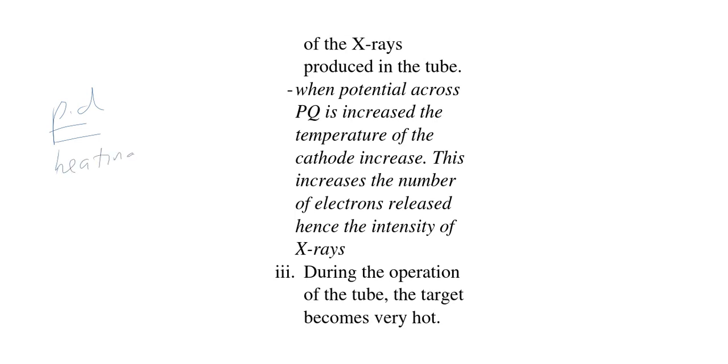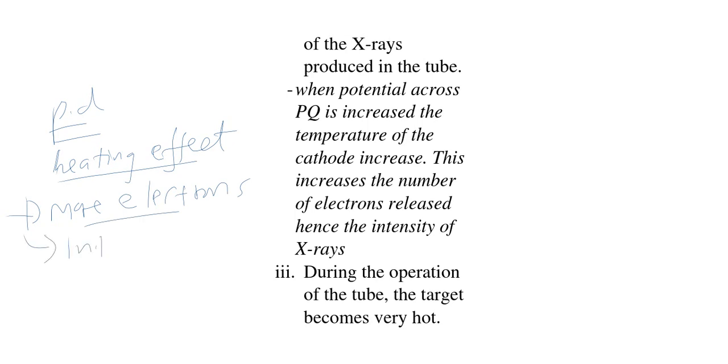It is this increase in heating effect that will lead to production of more electrons. And the number of electrons is what determines the intensity of the X-rays. So when potential across PQ is increased, the temperature of the cathode increases. This increases the number of electrons released, hence the intensity of X-rays.